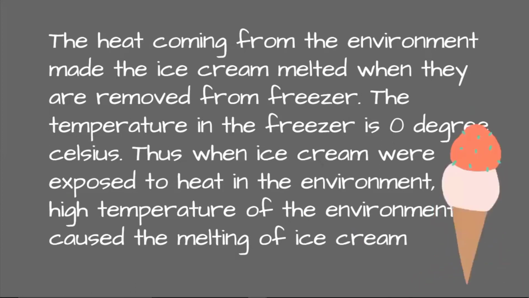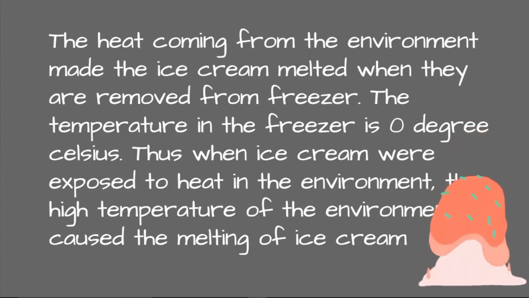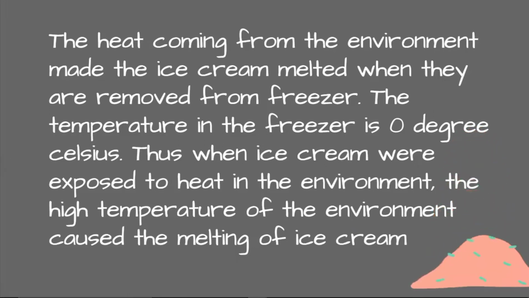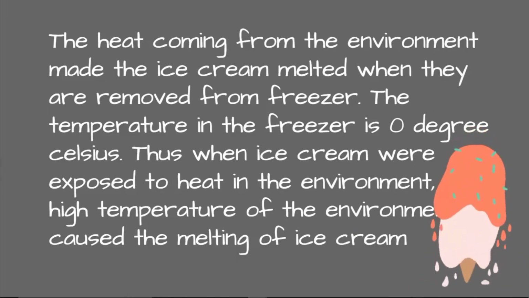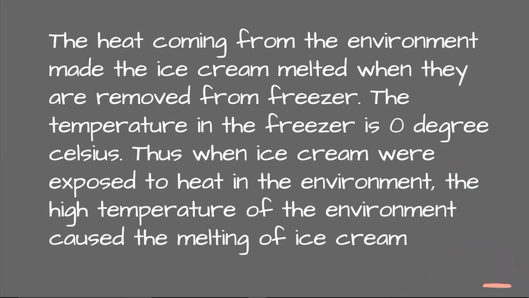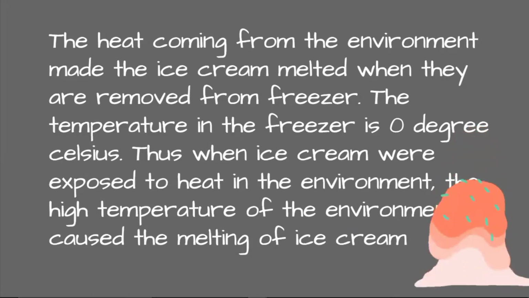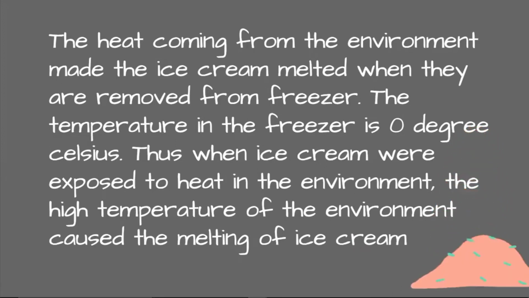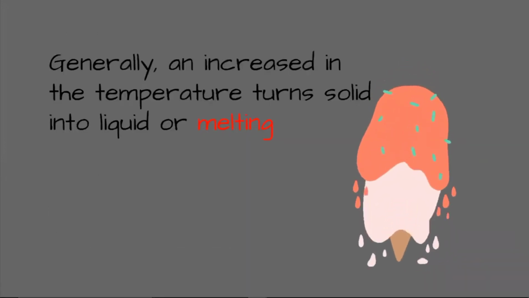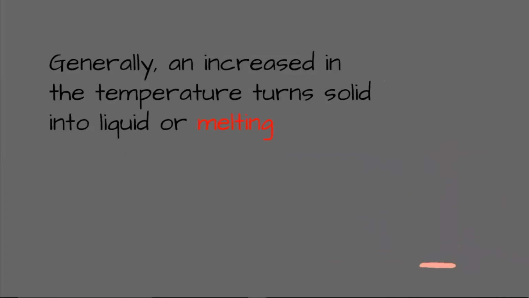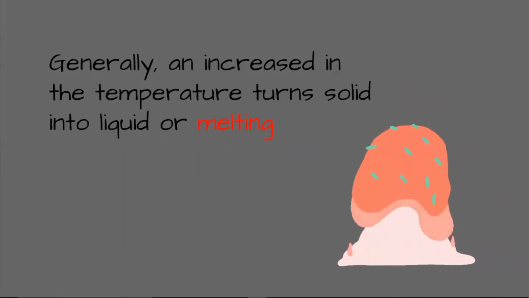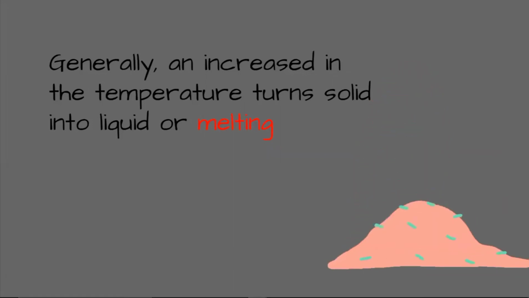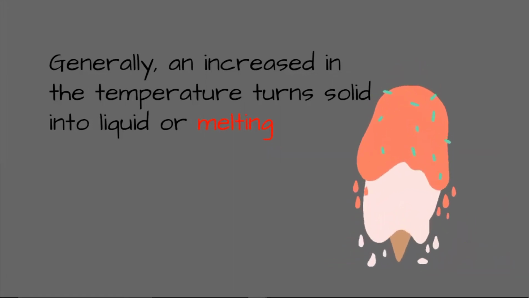The temperature in the freezer is 0 degrees Celsius. Thus, when the ice cream was exposed to heat in the environment, the high temperature of the environment caused the melting of the ice cream. Generally, an increase in temperature turns solid into liquid, or melting.